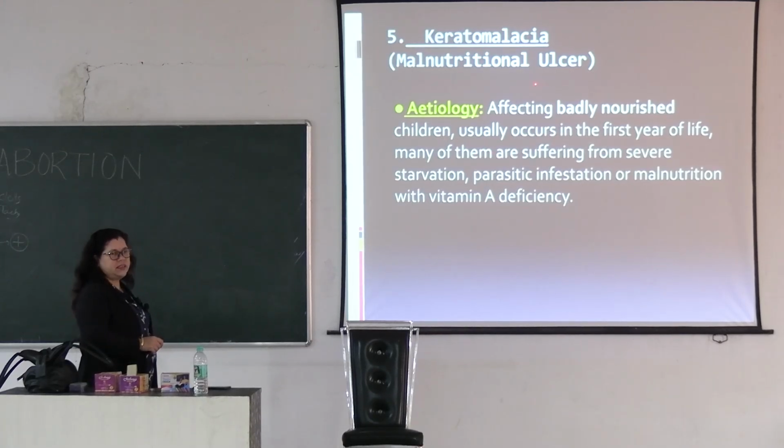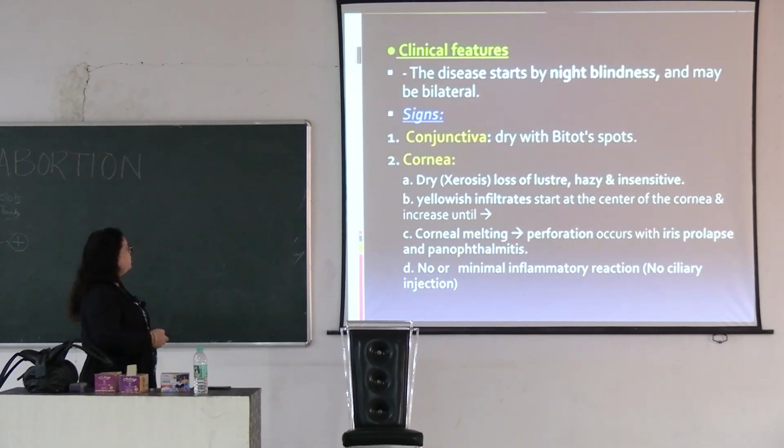They are mostly cases of PEM, protein energy malnutrition, having parasitic infestations in their intestines, and having vitamin A deficiency. First is severe malnutrition, second parasitic infestations, and the third is malnutrition with vitamin A deficiency. These kinds of children are more prone to keratomalacia.